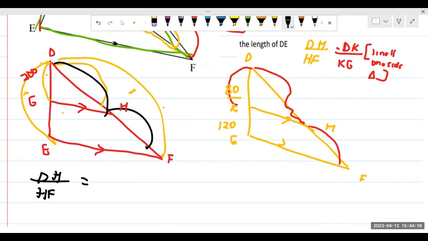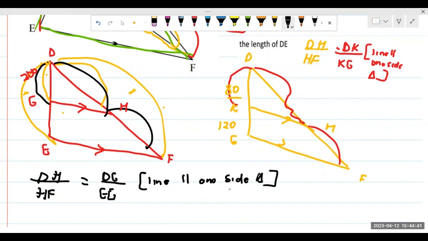This is going to be equal to, using the proportionality theorem here, DG all over EG or GE. And the reason I'm saying this is because it's a line parallel to one side of a triangle.